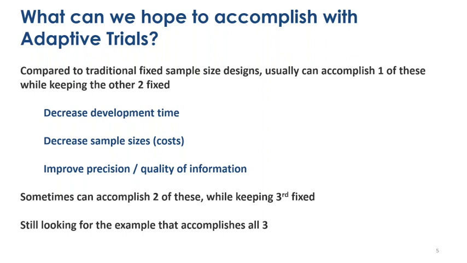Sometimes we can accomplish two of these while keeping the third fixed, but because they counterbalance one another, it's not likely that we could materially accomplish all three with an adaptive design. But nearly always 1 out of 3. Otherwise, it's not worth doing the adaptive design, and sometimes 2 out of 3.